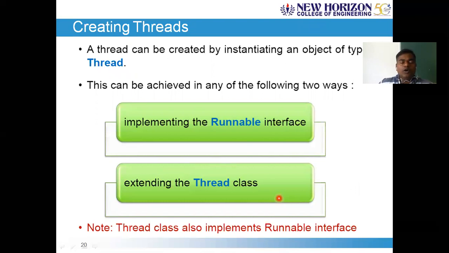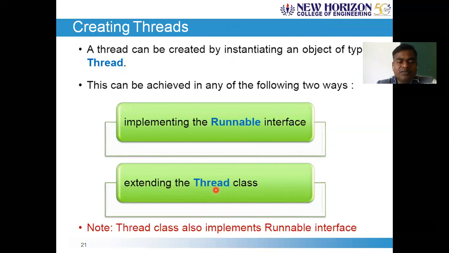Next, as I told, the question is, how do you create your own threads in Java? One is by implementing the Runnable interface. Runnable is a built-in interface in the Java library. Only your job is to implement it in your class. You are going to create the new thread. And the second way is that the Runnable interface is already implemented in the Thread class, and you take it and make use of it.